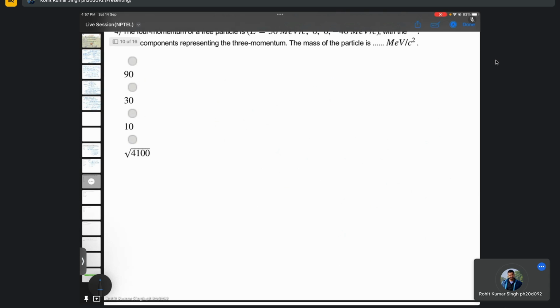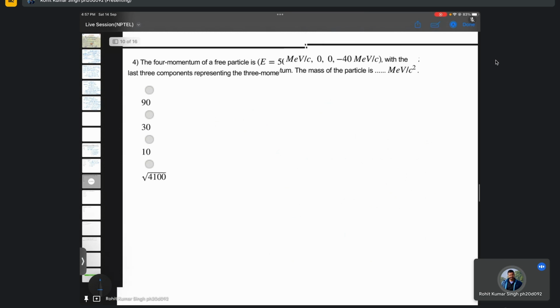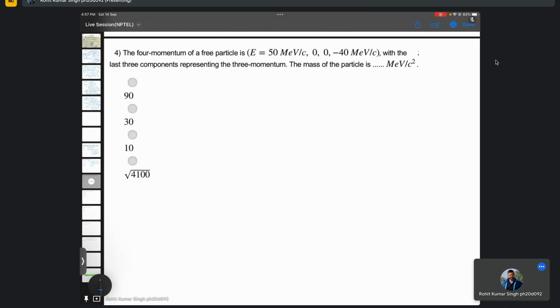Okay, then let's go to the next problem. Here the 4 momentum of a free particle is given. So the first component is energy, we know this is 50 MeV, and the 3 momentum is given like this.